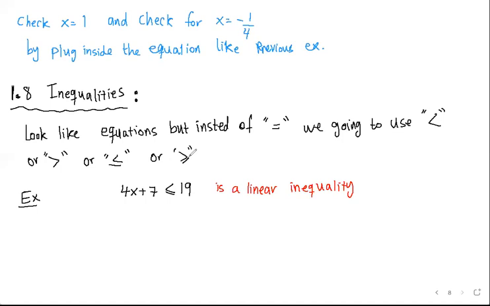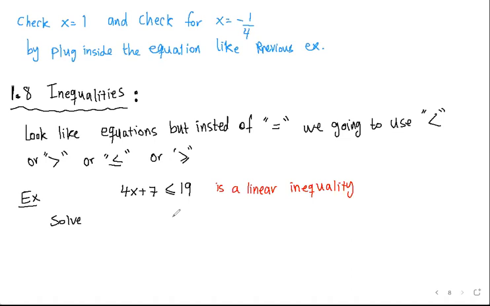Now, how can we solve an inequality like this? Let me start by doing this one with numbers, and then we're going to learn the method by solving the inequality. So the question now is to solve this inequality.